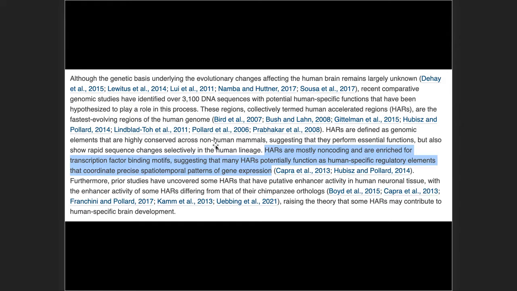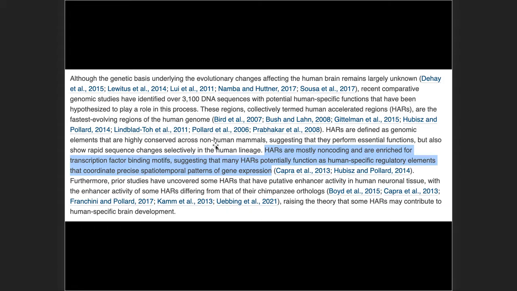And then you have the remainder of the DNA, which is referred to as non-coding regions, and they do a variety of things in the non-coding regions. So here it's explaining that HARs are mostly non-coding and are enriched for transcription factor binding motifs, suggesting that many HARs potentially function as human-specific regulatory elements that coordinate precise spatio-temporal patterns of gene expression.